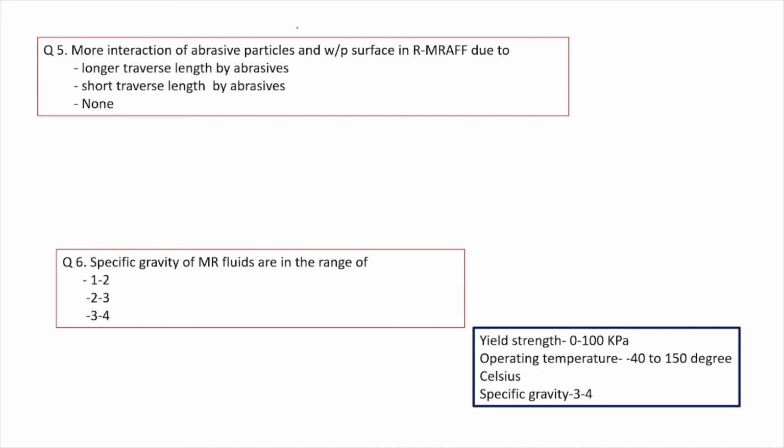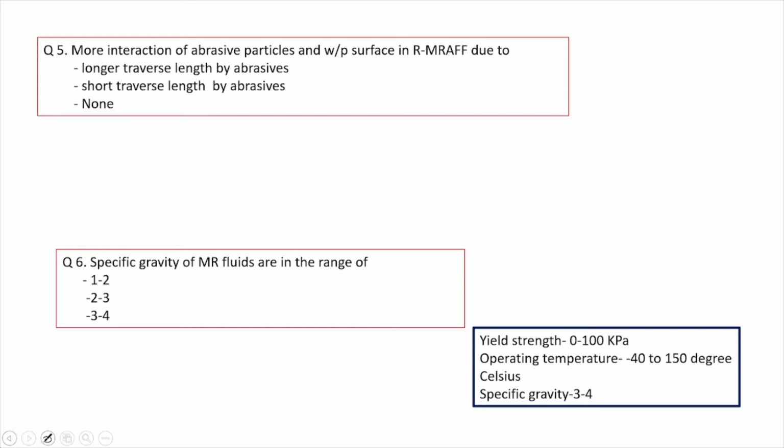So the next question is: more interaction of abrasive particles and workpiece surface in RMRAFF is due to longer traverse length by abrasive, short traverse length by abrasive, or none. Right now we have seen that in the RMRAFF process the abrasive particles follow a helical path. So the abrasive particles will get more time to interact with the workpiece surface.